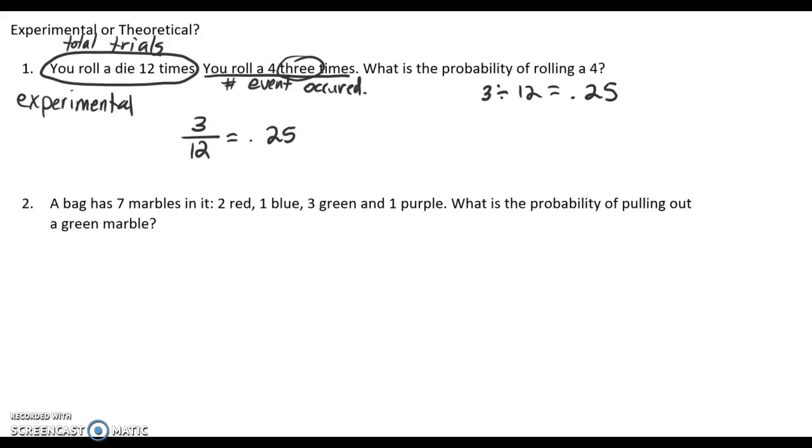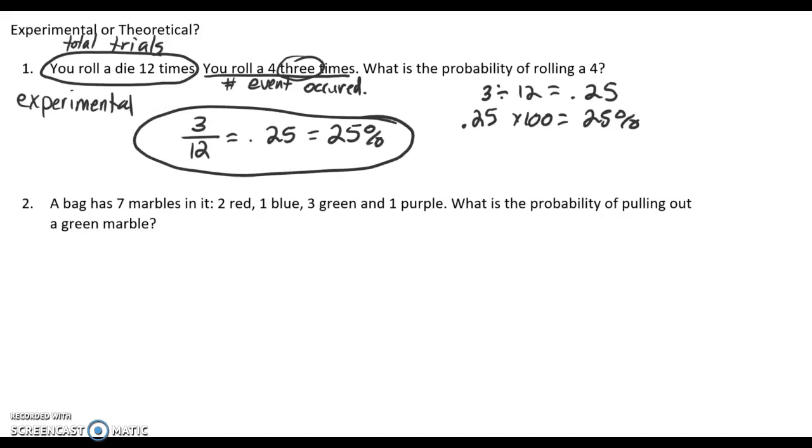And then I'm going to do a little more work over here and do 0.25 times 100 to get 25%. And there is our answer. Now for this second question, I hope you put theoretical because there was no actual doing anything. So this is theoretical probability.